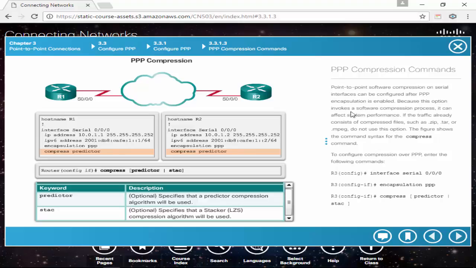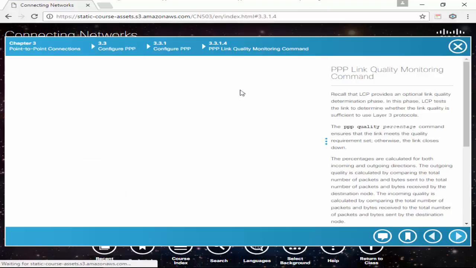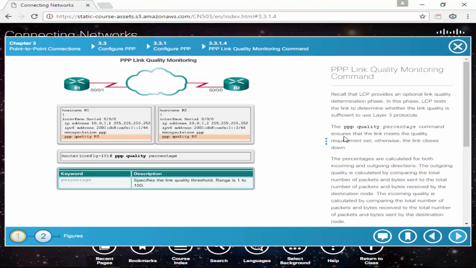It involves software compression. It can affect system performance. But basically we can put in the predictor, which is optional. We can just say compress, I believe, and just press enter, or say predictor on both sides, or I don't know, whatever stacker is, a different algorithm. Okay, so we can choose either one of those.